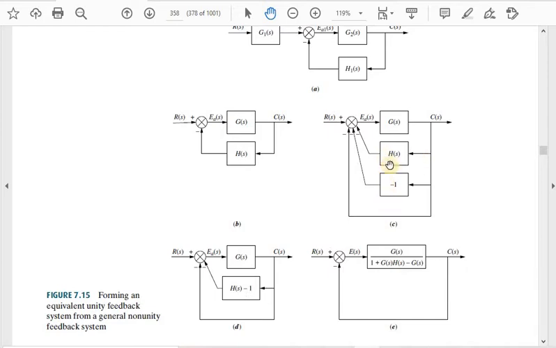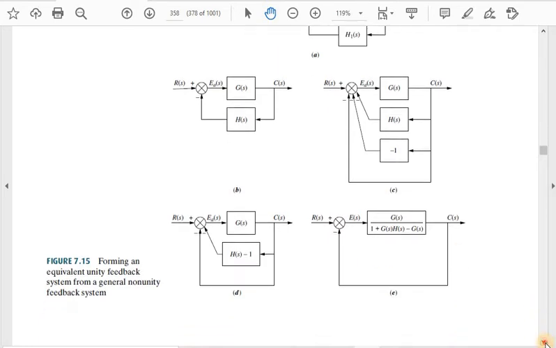You have to add the gains: when there are two blocks in parallel, you just add them. So it becomes H(s) minus 1, with a minus sign. After that, I take the feedback, and I come up with a single block. Now it becomes a unity feedback. So this is the way we can convert a non-unity feedback into a unity feedback.